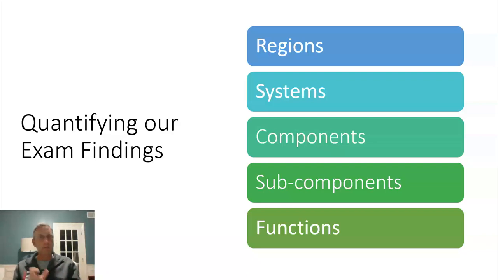How well are we able to classify the patient? Because when we classify the patient, we can then presumably pick an intervention or a treatment that best addresses the dysfunction in that classification. So if we have a classification that is predominantly a joint-related issue, we're going to choose a treatment that addresses the joints.